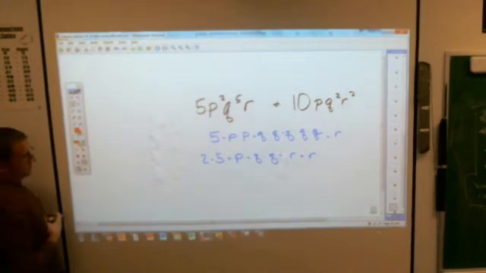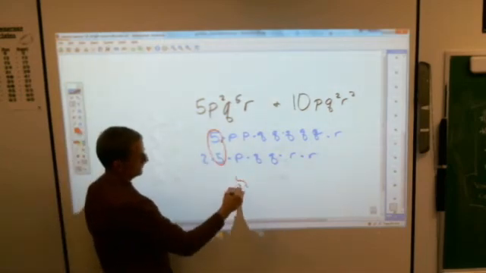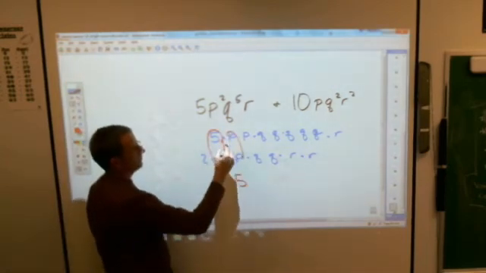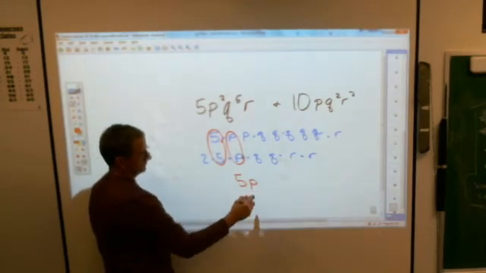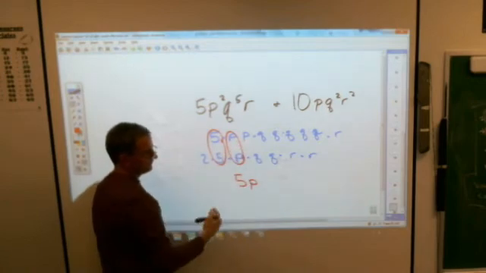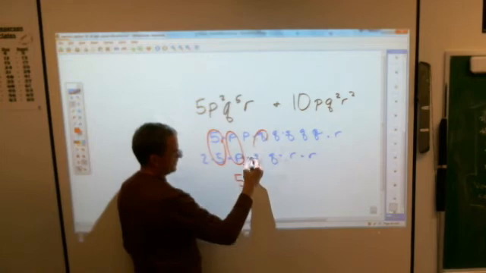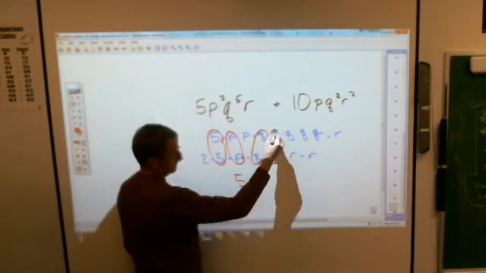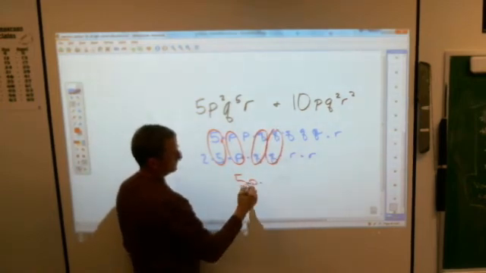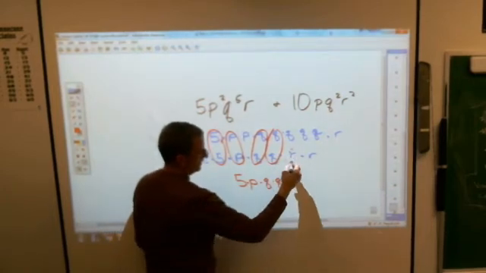Yes, prime factorization works for everybody? And then what do they have in common? They have a 5. They both have 1 p. One q and the second q and 1 r.